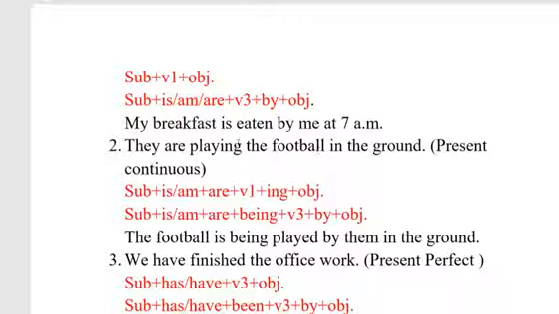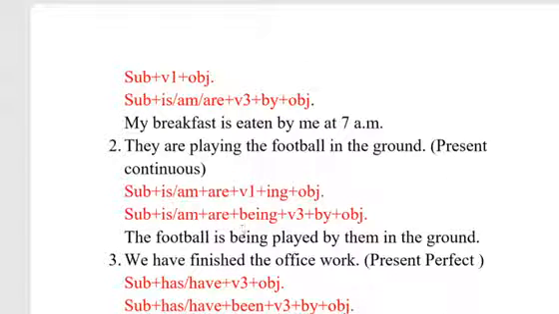When we transform this sentence into passive, this portion, the football as an object, will move to the front as a subject, and they as a subject will move to the object with the form of object as them. The football is written here as the football is singular.